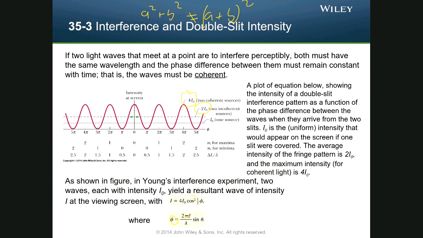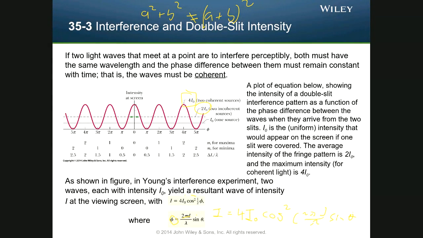So to get a sense of how the intensity works for a coherent source, it's I naught cosine squared of 2 pi d over lambda sine theta.